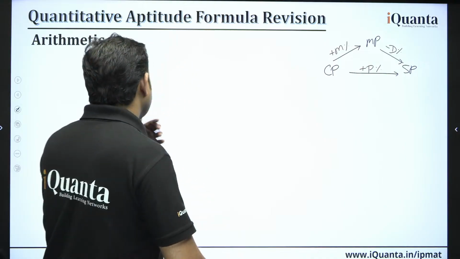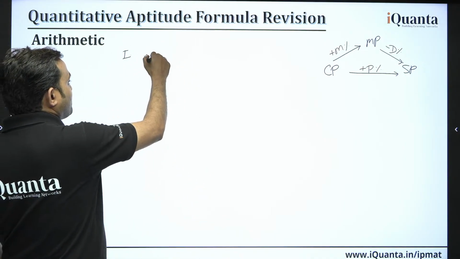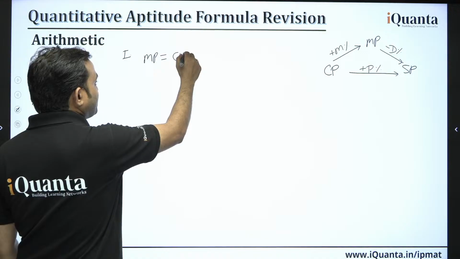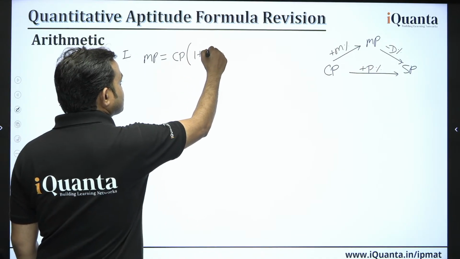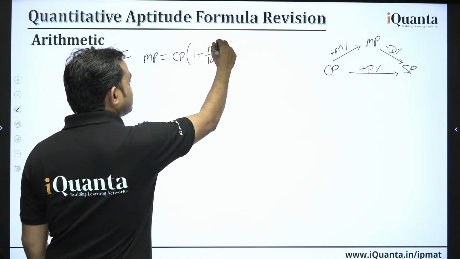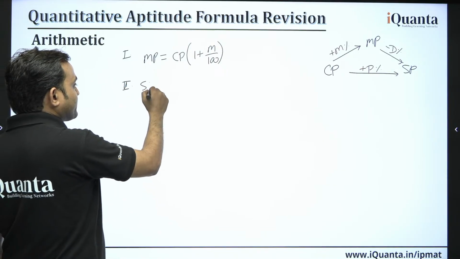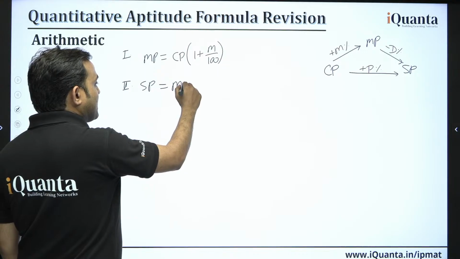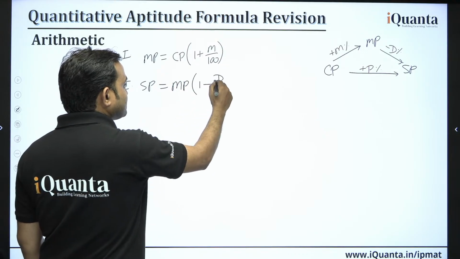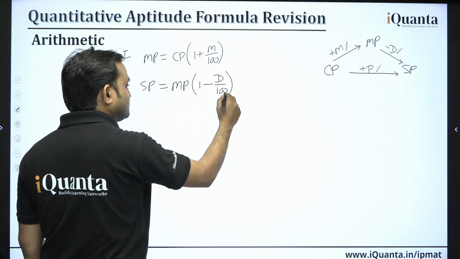So, first of all, we can say mark price is equal to CP into 1 plus M upon 100. Then we can say selling price is equal to MP into 1 minus D upon 100.